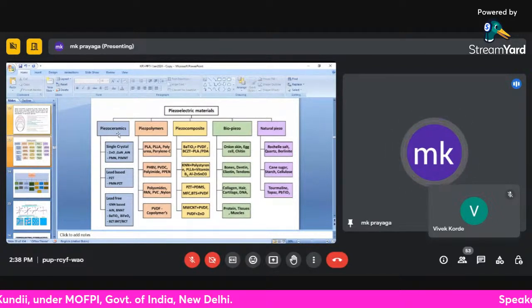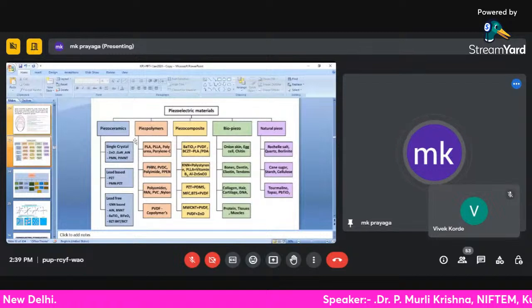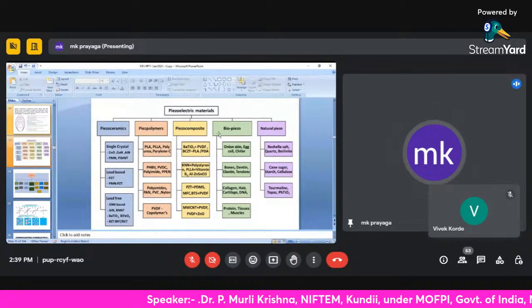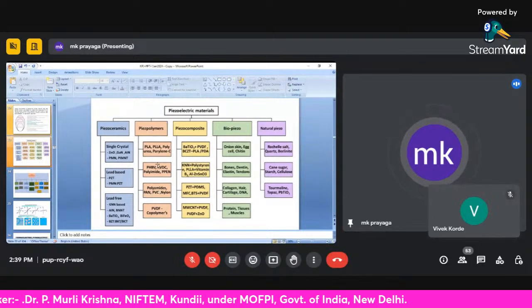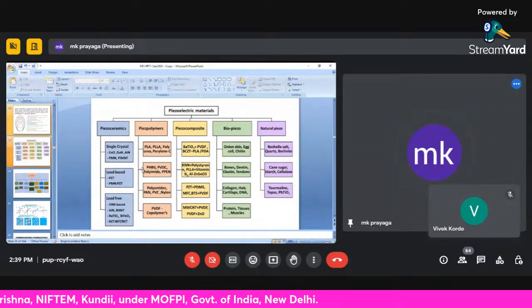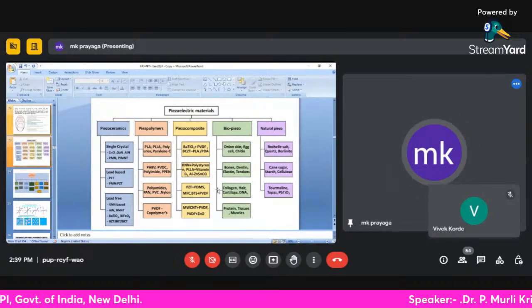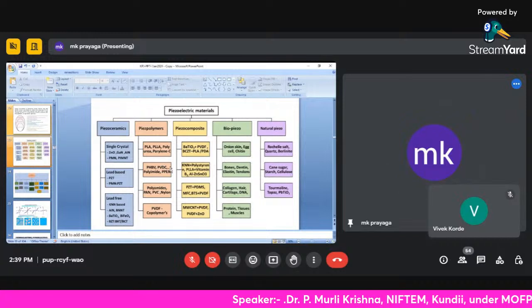If you are interested, you can select any material and develop a piezoelectric material. They may be ceramics, polymers, composites, and biomaterials; natural piezoelectric materials also exist. You can find different types of materials to select from this chapter on piezoelectric materials.